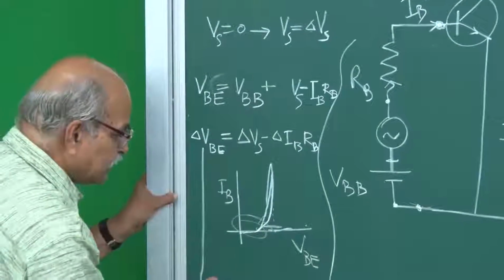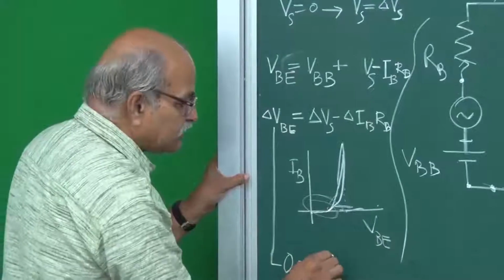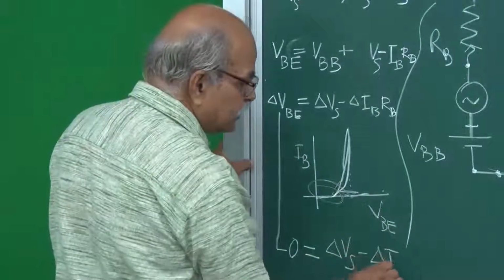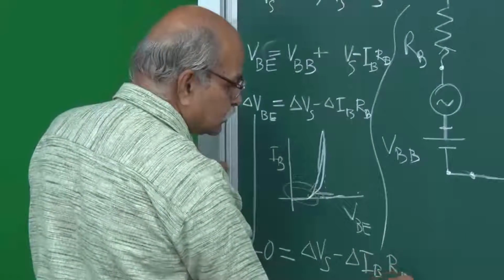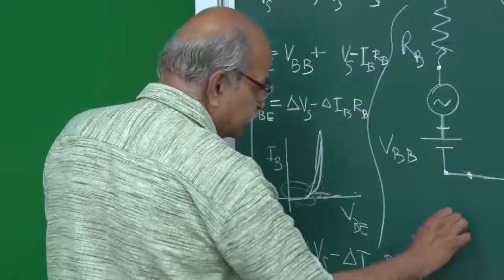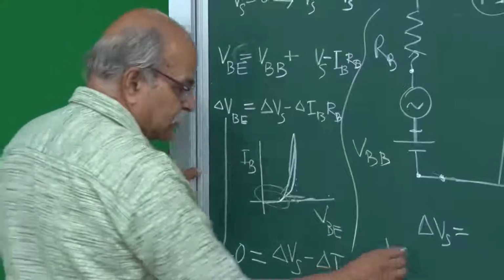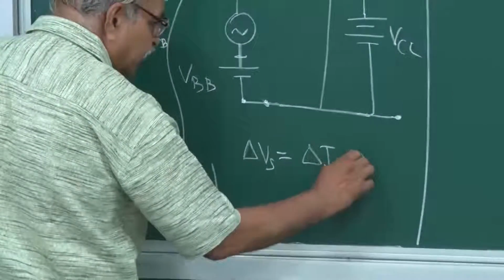The same thing you can write from here also. If you take this as very small and write it as 0, then you have 0 equal to delta Vs minus delta IB RB. So delta Vs is equal to delta IB into RB.